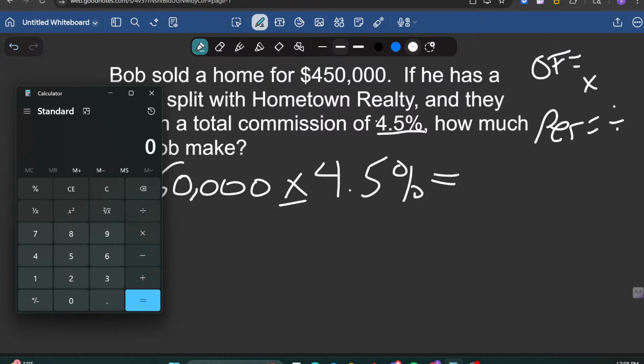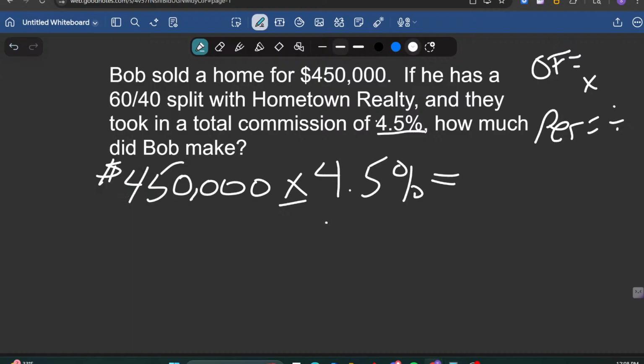We said per is division. Cent, like a century, is 100. Watch this. 4.5% is 4.5 per, divided by, century, 100. And look at this, it is going to be 0.045.